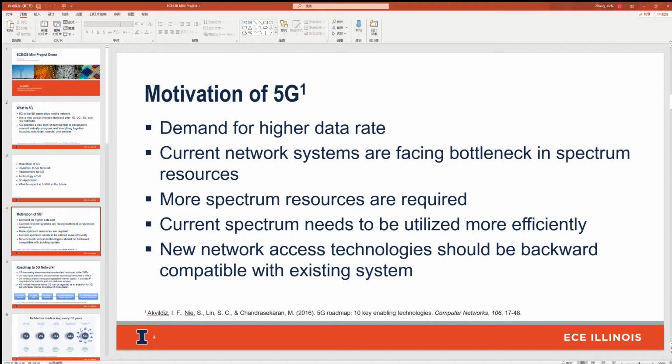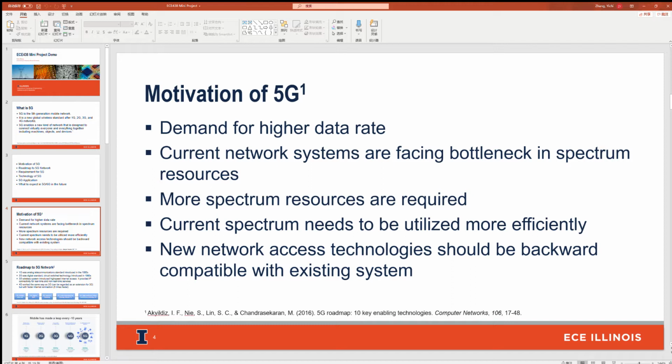The industry has predicted that in order to reach the network level capability of serving more users with higher data rates, more spectrum resources are required to be allocated for the next generation of wireless communication networks, and current spectrum needs to be utilized more efficiently.